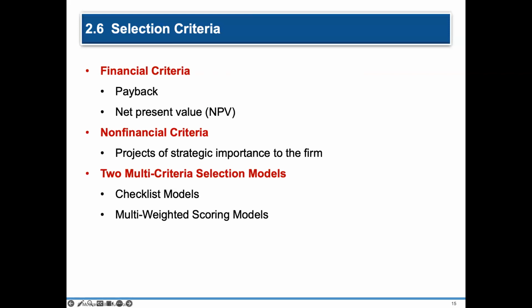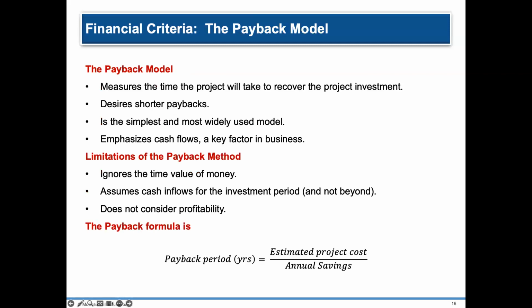And then once we determine the appropriate project, then we can actually use a blended model. So if you want to choose a project using multiple criterias, you have a model in which you can choose from. So let's take a look at these one by one.